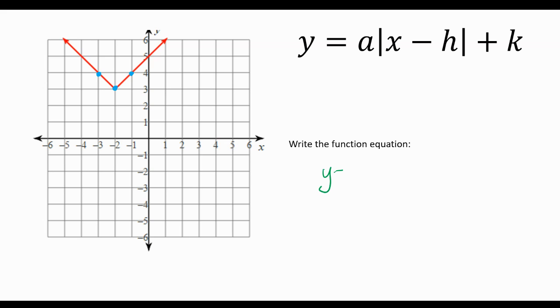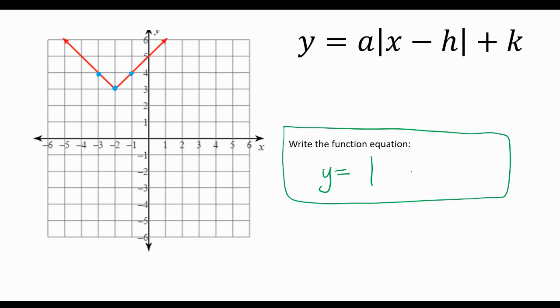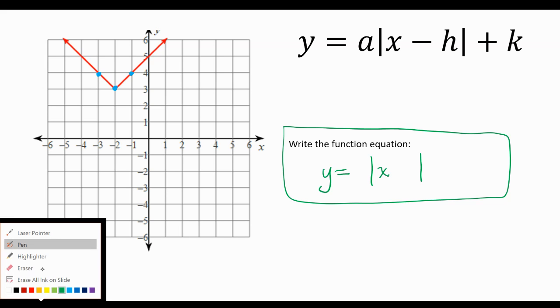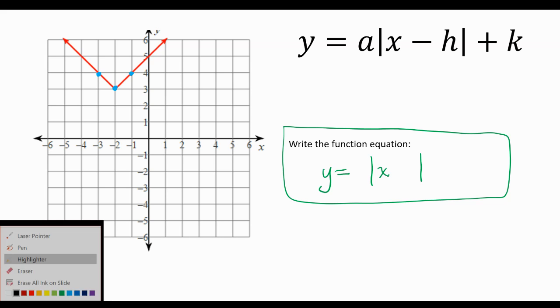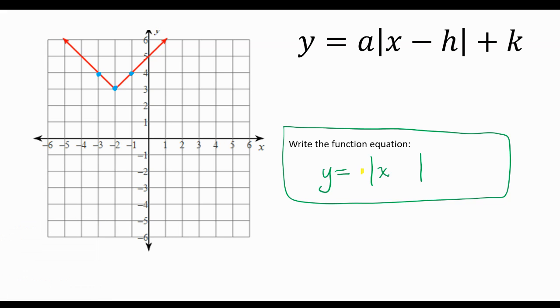Again, you're going to write y equals, because here's your answer, right? Absolute value bars. Put the x in. And we're deciding on the numbers in these 3 spots for A, H, and K. Okay, so here would be our normal dots for our parent function.